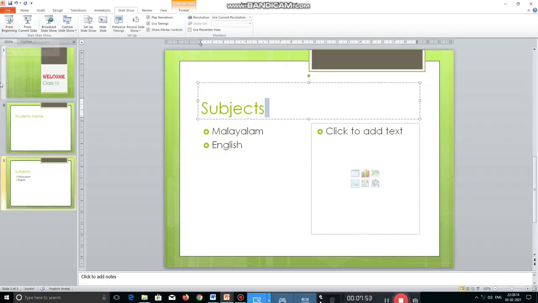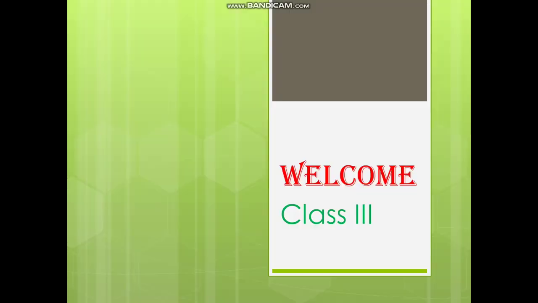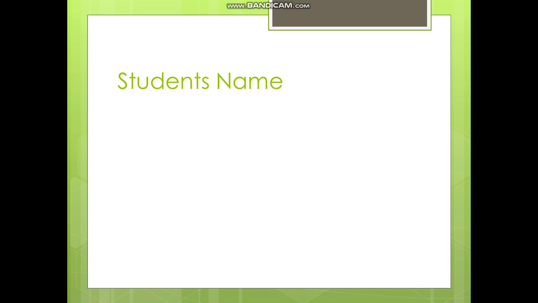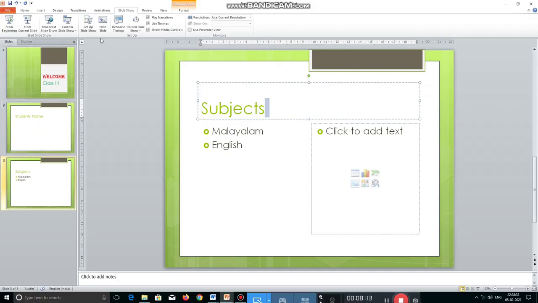In the same way you can press the F5 key also, and this also gives you the presentation in full screen mode. You have to press the mouse button again so that you get the slides, and it is playing here. You can see it full screen, and you can explain things also.